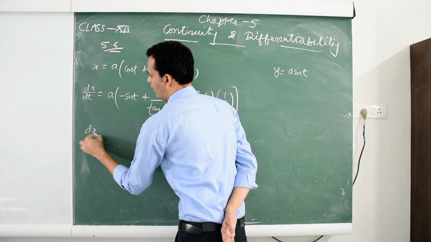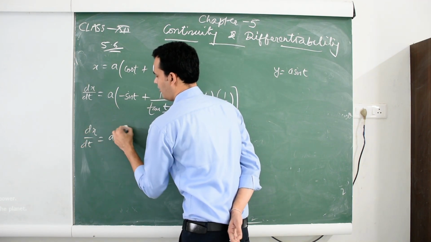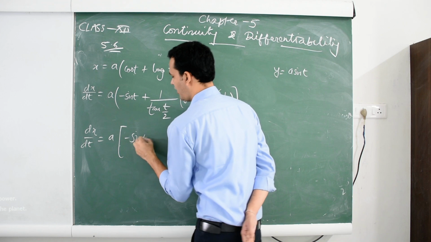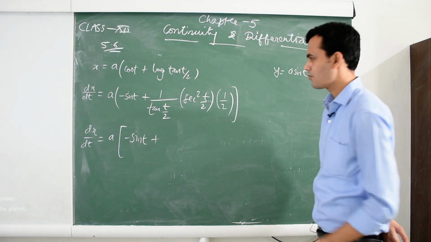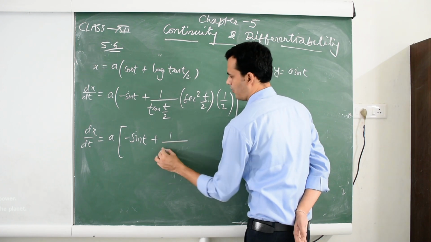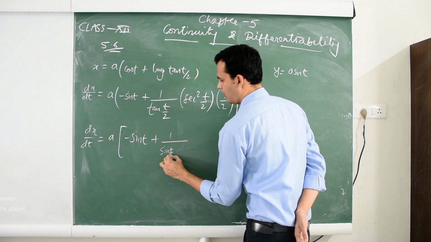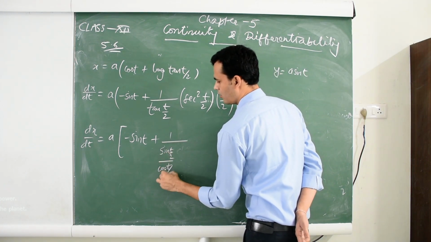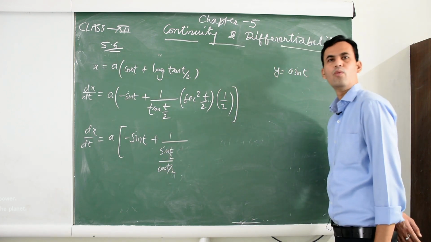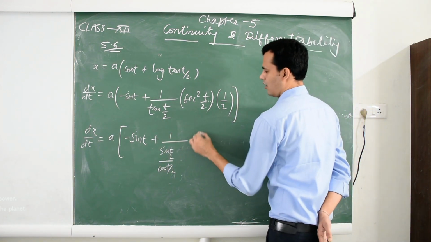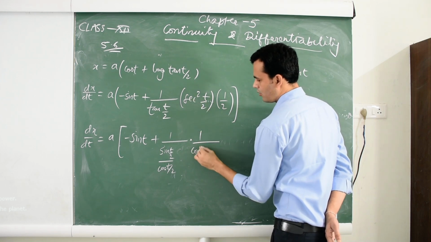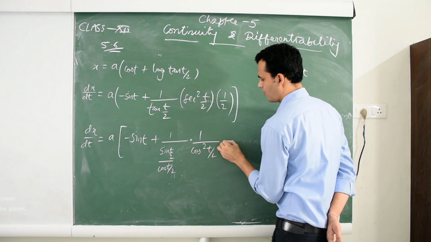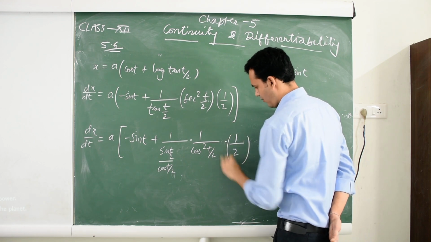So dx by dt equals a times minus sin t plus 1 upon sin t by 2 upon cos t by 2. We write it as 1 upon sin and cos, and sec square t by 2 is equal to 1 upon cos square t by 2, and also it is 1 by 2.